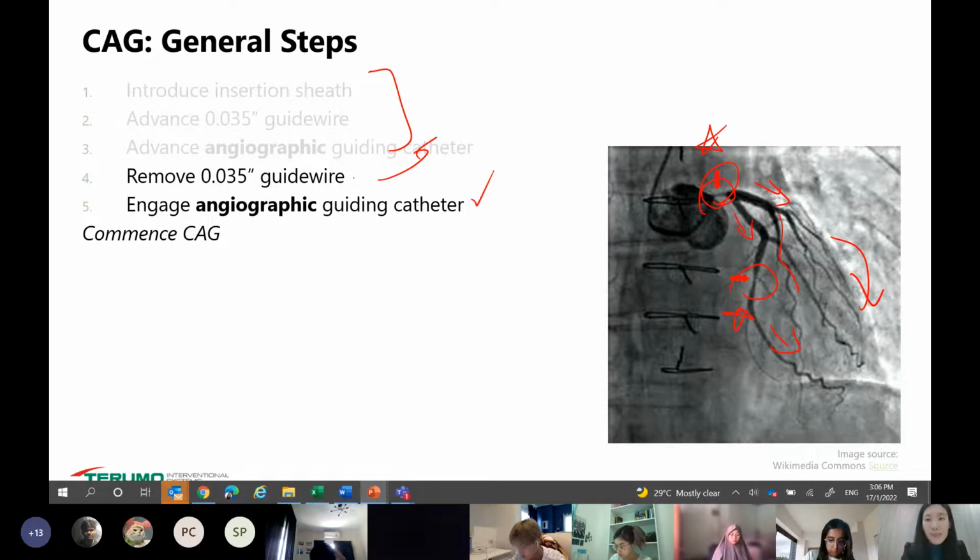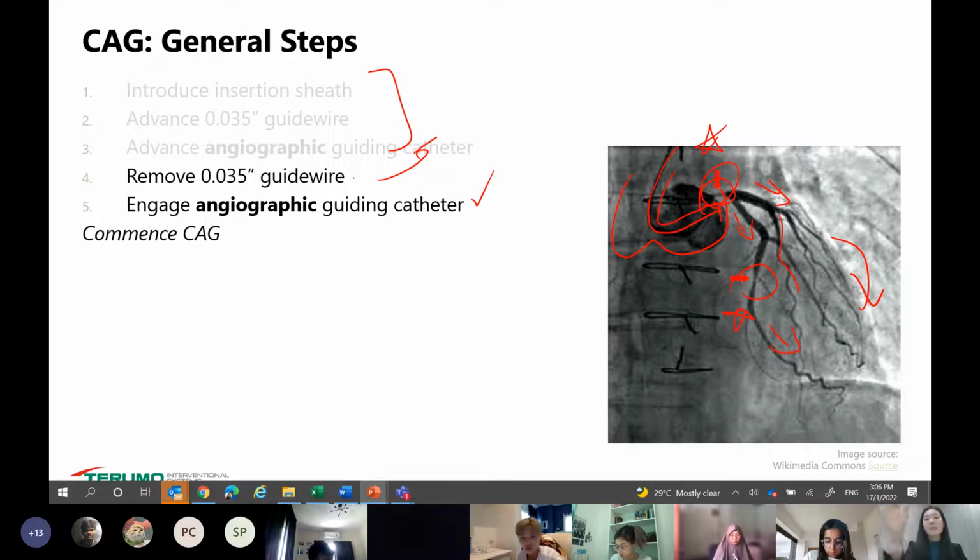Engaging means that, I know you cannot see, but basically this is your coronary cusp or your ascending aorta. What you will do is put this angiographic catheter at the opening of your coronary artery, right? Because you need to position it there.